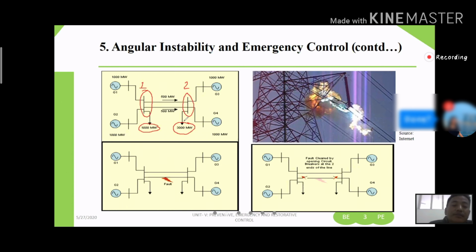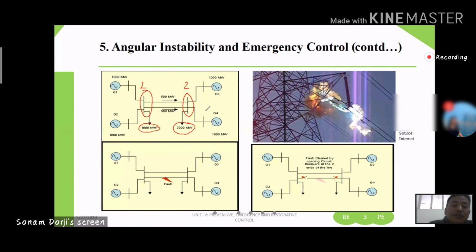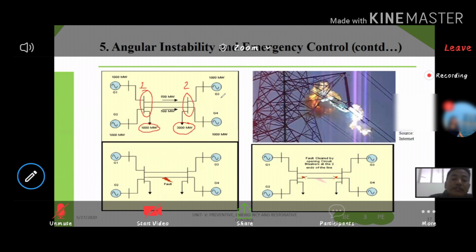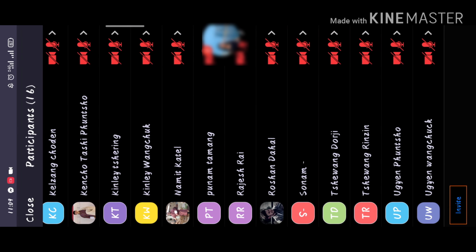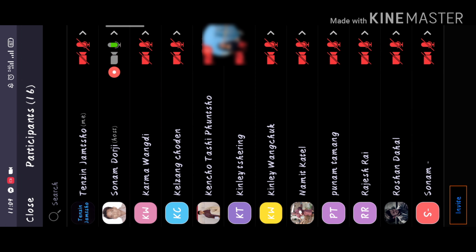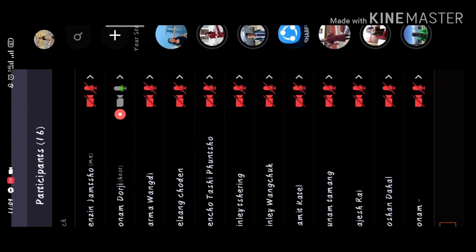And at bus 2, your total requirement is 3000 megawatt, but generation is only 2000 megawatt, because G3 and G4 generate 1000 megawatt each, and your demand is 3000 megawatt.